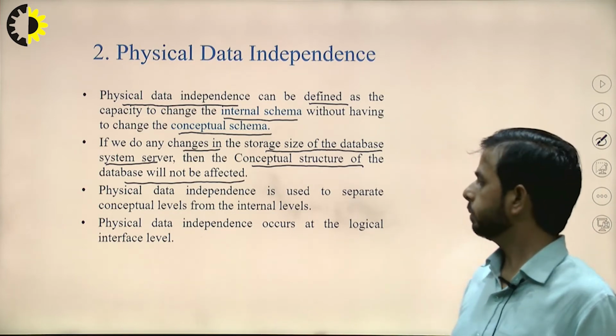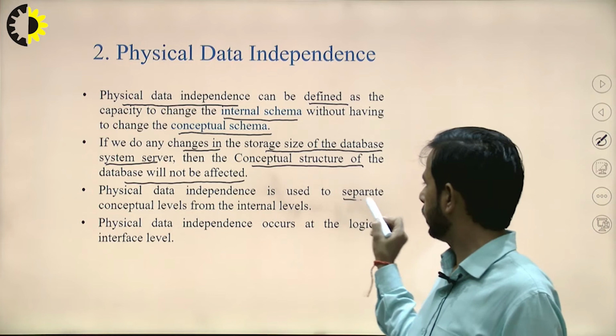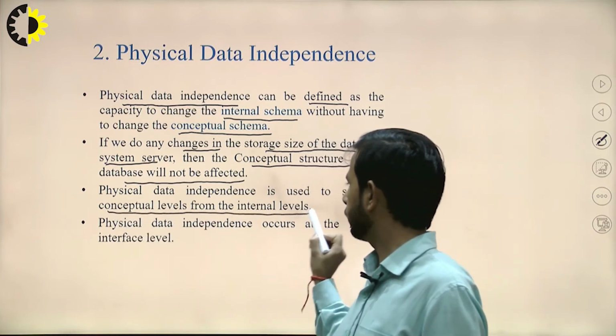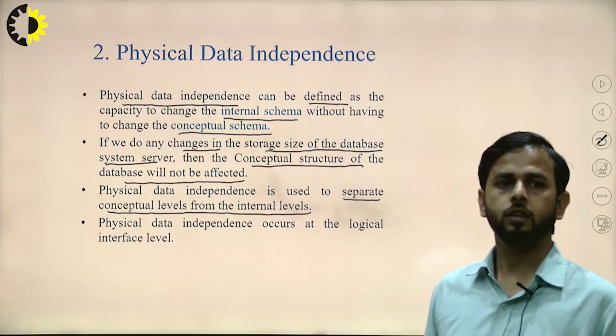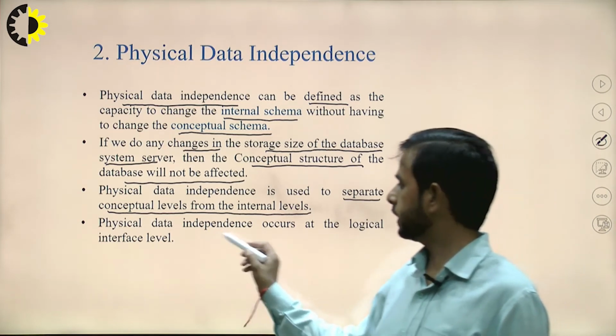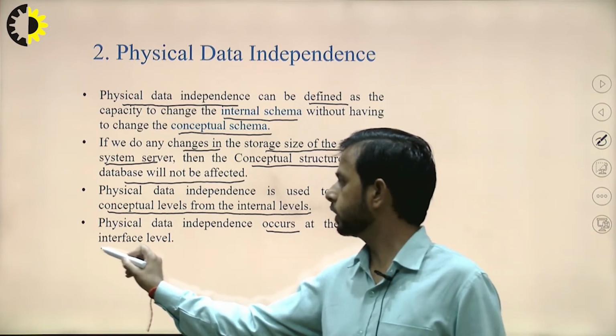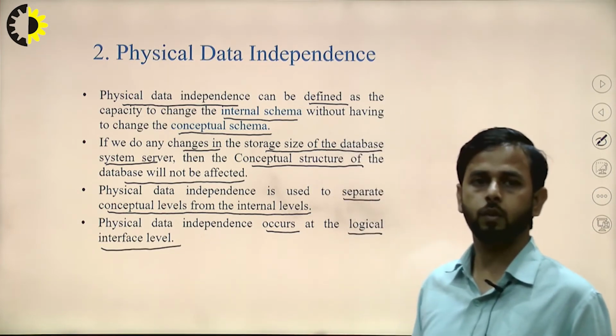Physical data independence is used to separate the conceptual level from the internal storage level. It occurs at the logical interface level.